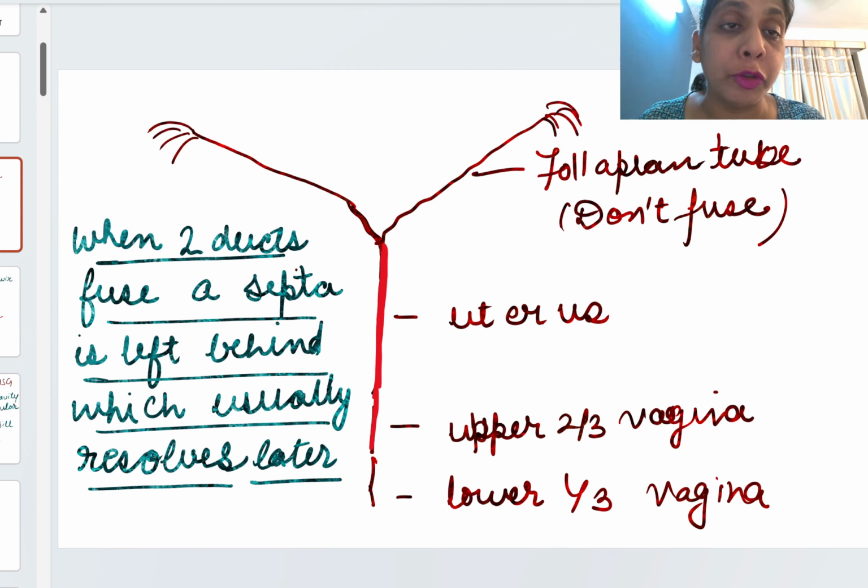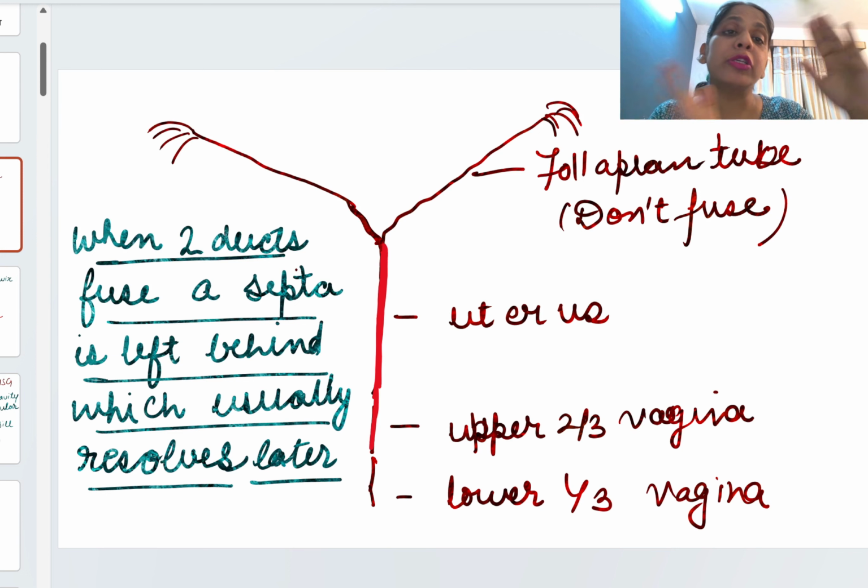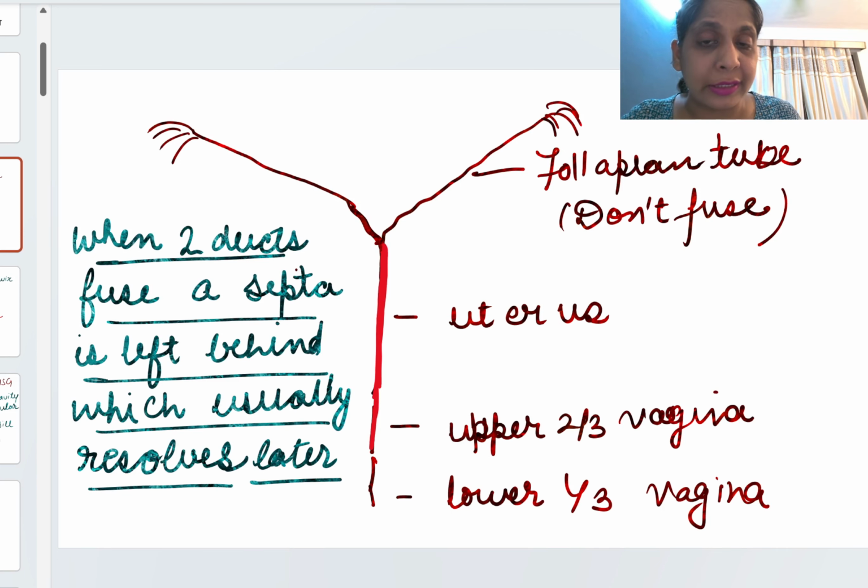When they fuse, in the starting, a septum is left behind between them, which also resolves later. And the lower one-third of the vagina is formed by the urogenital sinus.